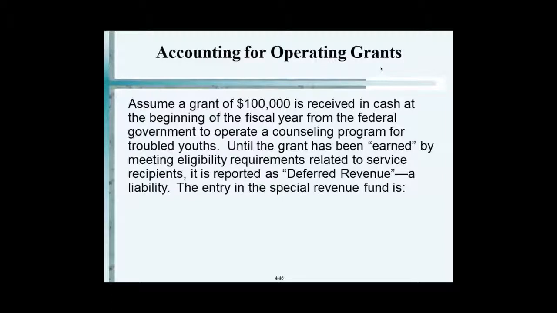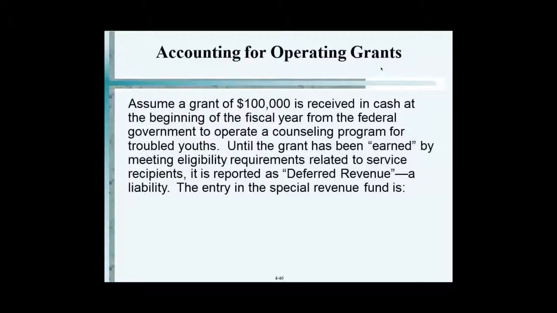This is what I was telling you about the grants. Take a look at this. Actually, this is part of your question. Yeah, I think this is one of the homework questions I gave you.